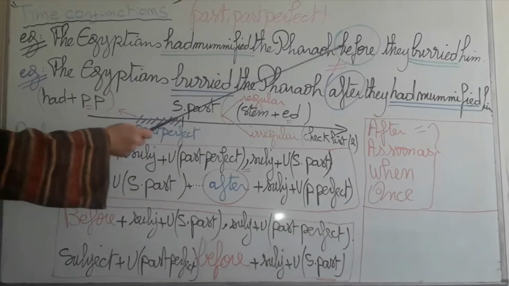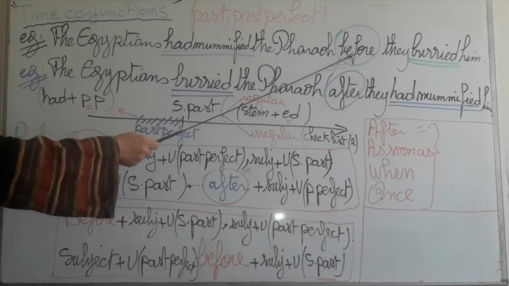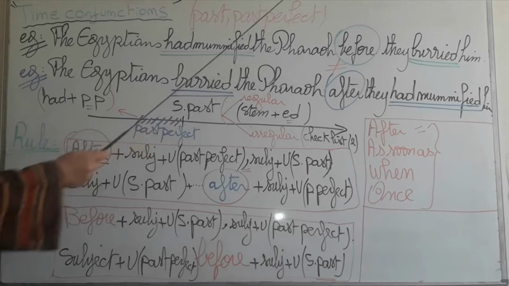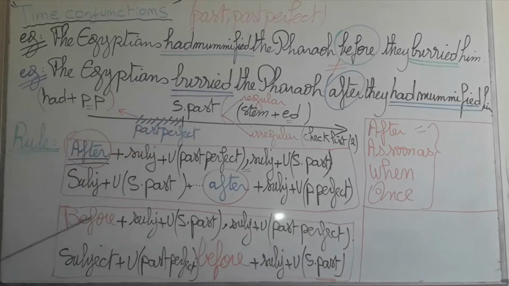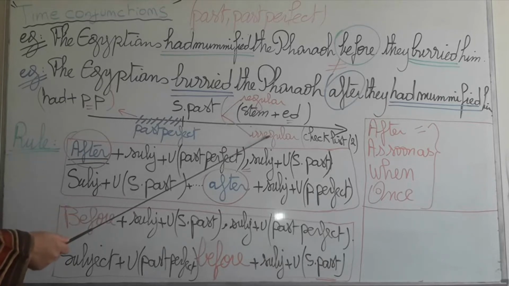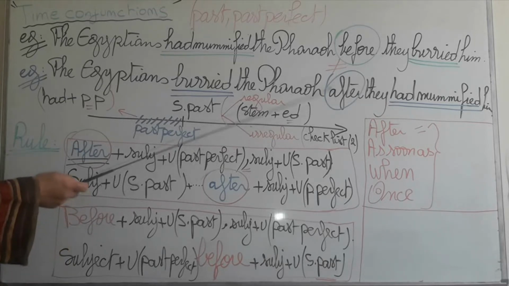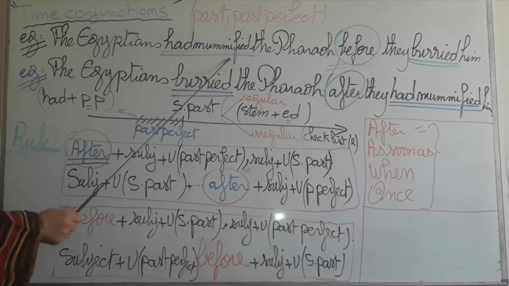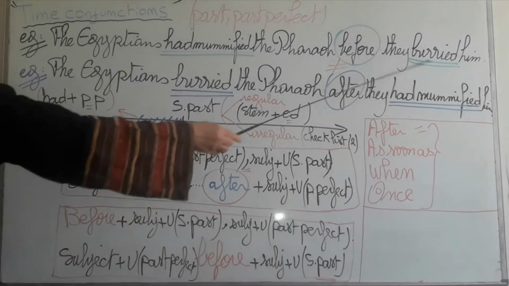So before هنا جت in the middle of the sentence. ما دام هي جت in the middle of the sentence, the rule says before. Before in the middle, so the first verb يجي في past perfect, then الأولاد the second verb يجي في simple past. And as we have seen, a simple past, you should check it if it is a regular verb or just irregular verb. So we said the Egyptians had mummified the pharaoh before they buried him.